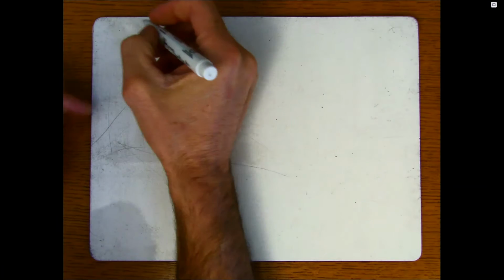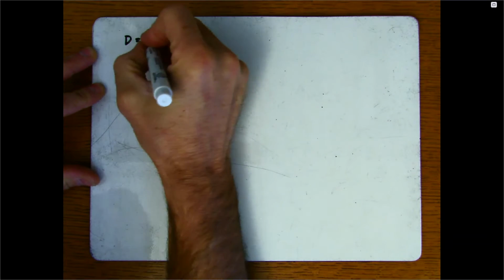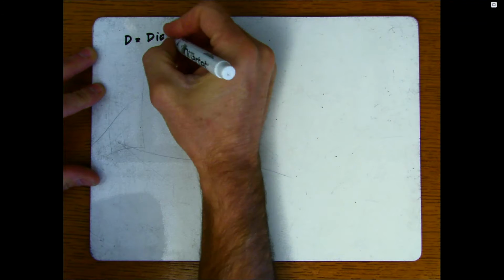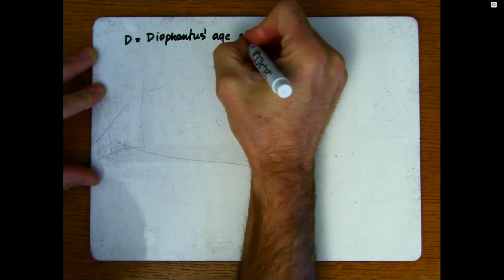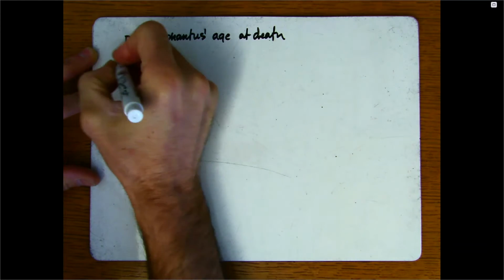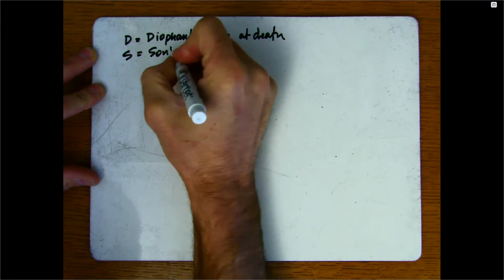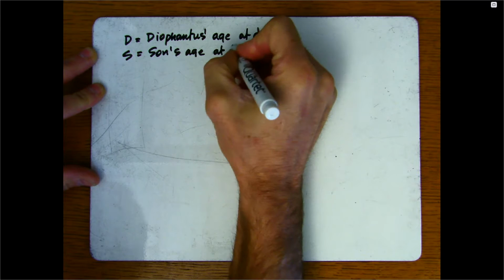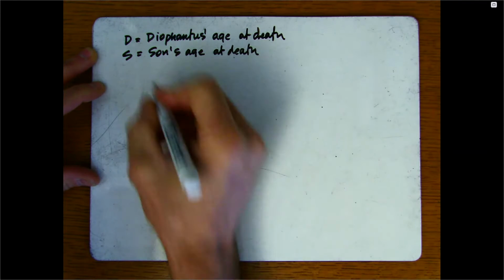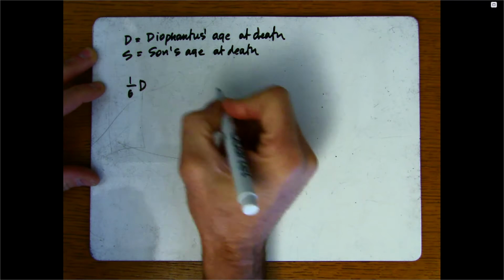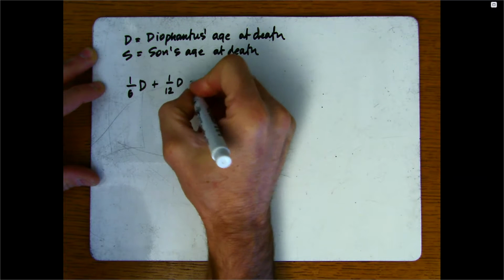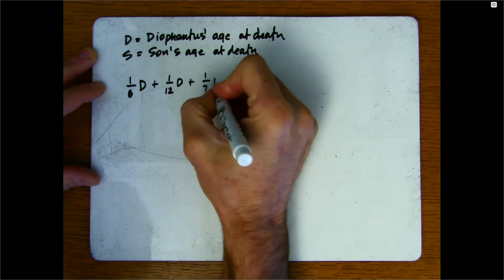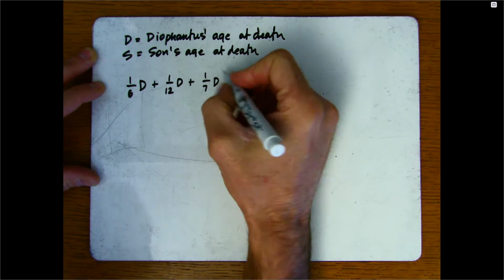So let's see, what do we know? If we let D be Diophantus's age at death, and if we let S be his son's age, then we know that 1/6 of his life plus 1/12 of his life plus 1/7 of his life plus 5 more years.